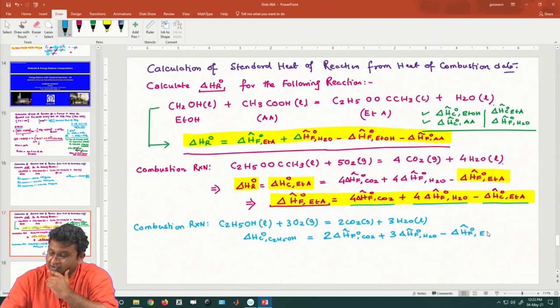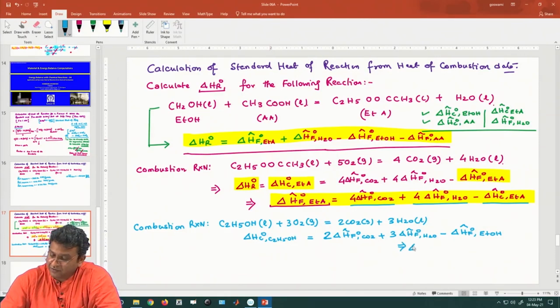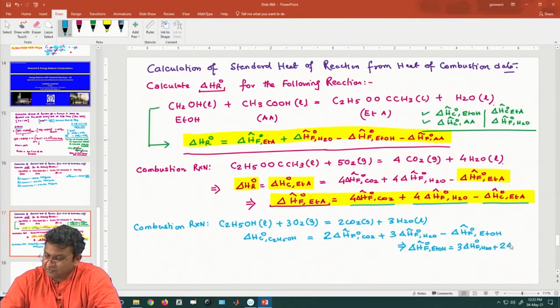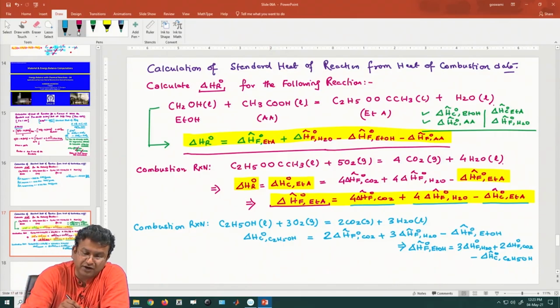So, from here we get an expression for heat of formation of ETOH equal to thrice the heat of formation of water plus twice the heat of formation of CO2 minus the heat of combustion of C2H5OH.